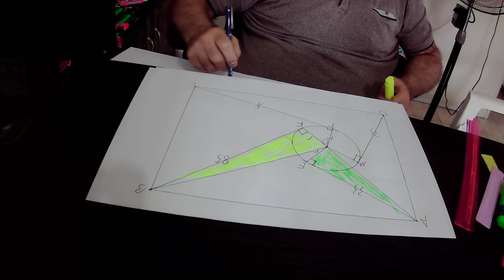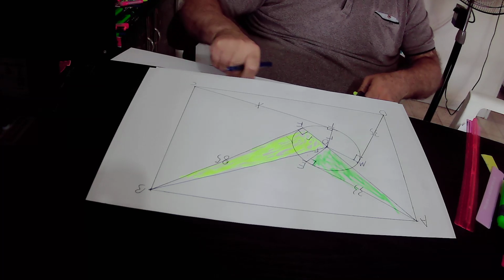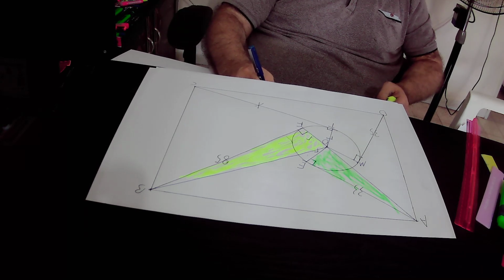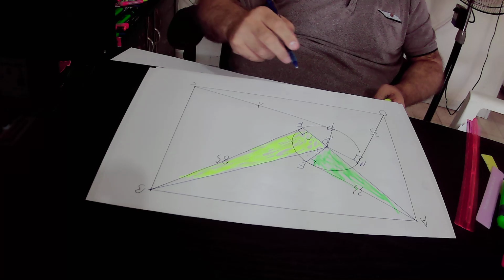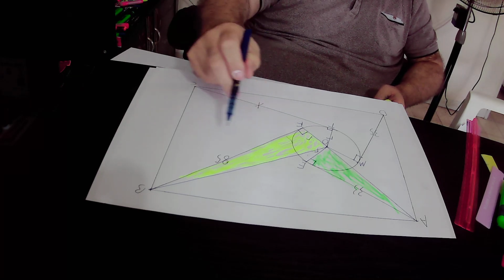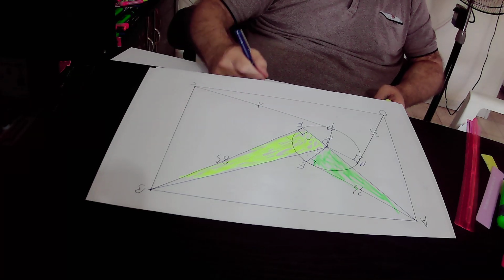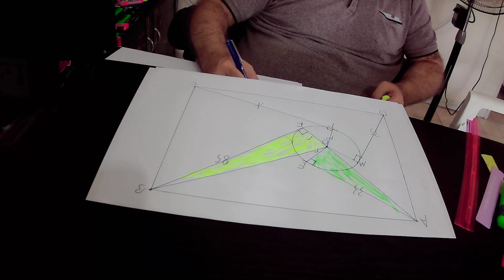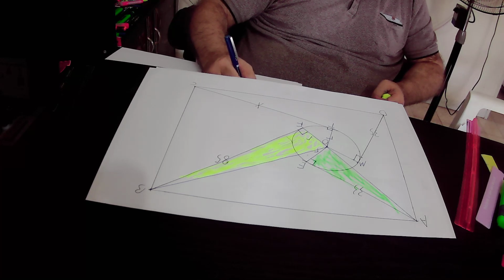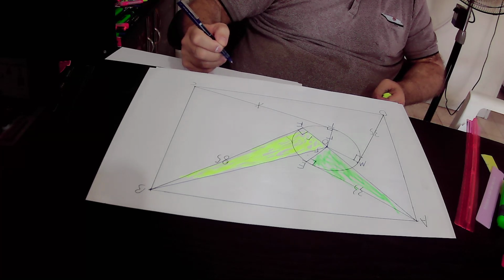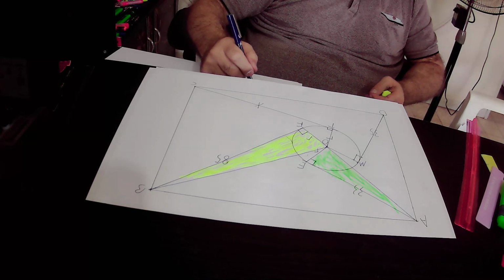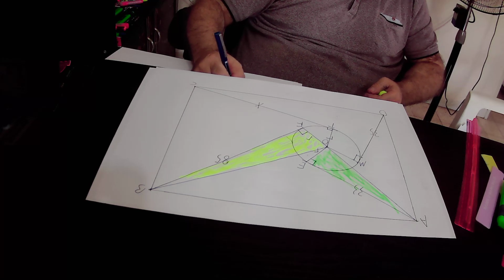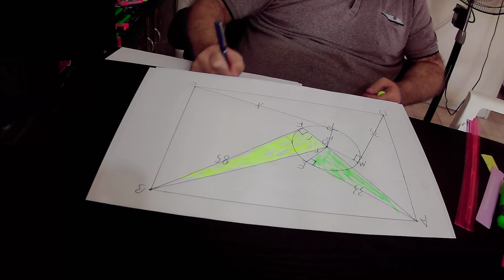So let's do the evaluation from the Pythagoras theorem. According to the Pythagoras theorem, the square of the hypotenuse equals the sum of the squares of the perpendiculars. The hypotenuse in the yellow triangle is OB, therefore the square of the hypotenuse is BO square, and it must be equal to the sum of the squares of the perpendiculars, that is to say, OF square plus FB square.